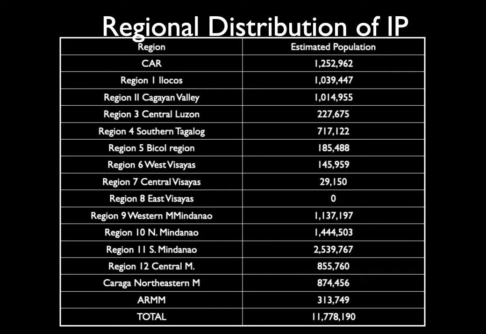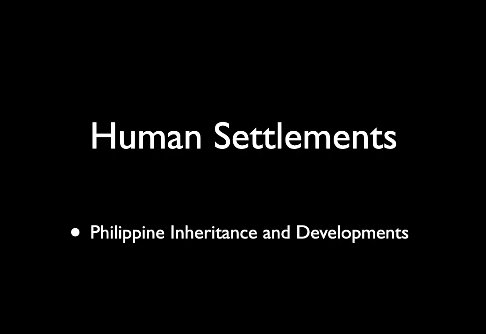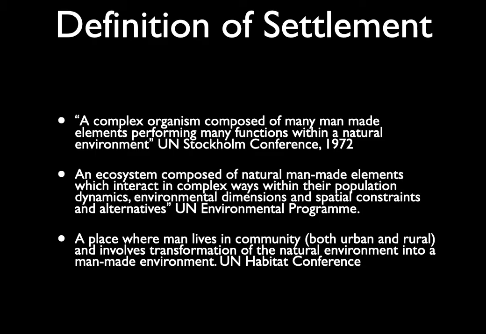Now let's go to human settlements, Philippine inheritance, and developments. Take a look at how settlement was defined. A complex organism composed of many man-made elements performing many functions within a natural environment. This was defined in the UN Stockholm Conference in 1972.